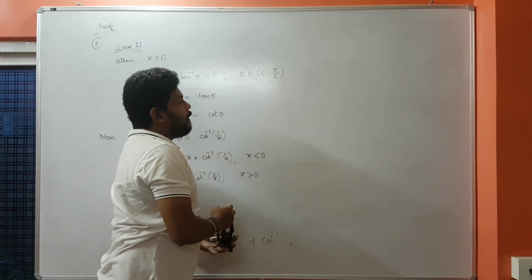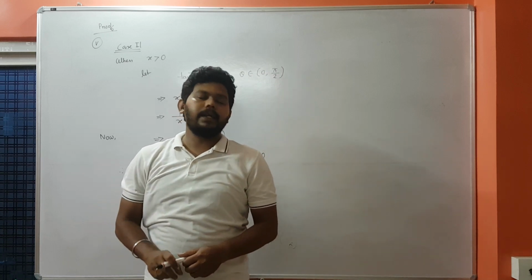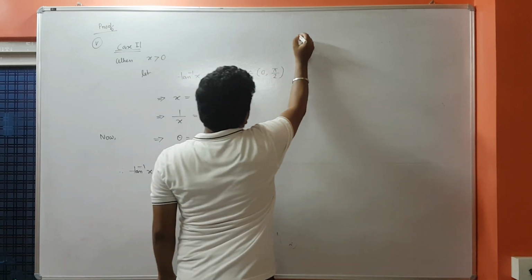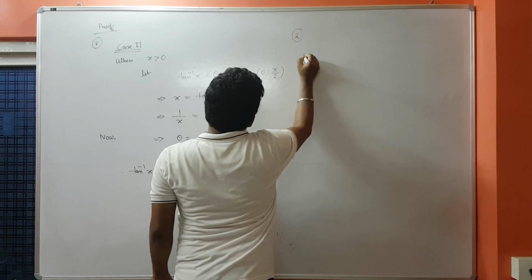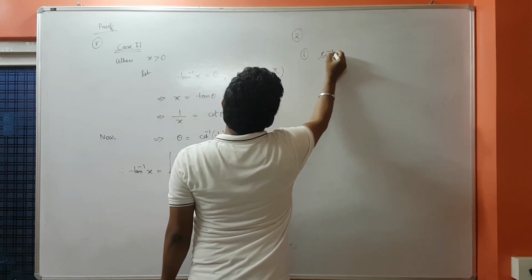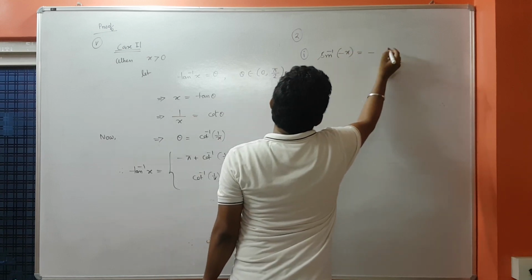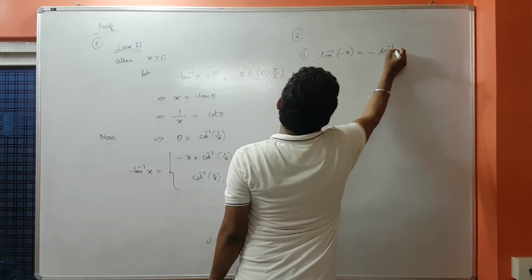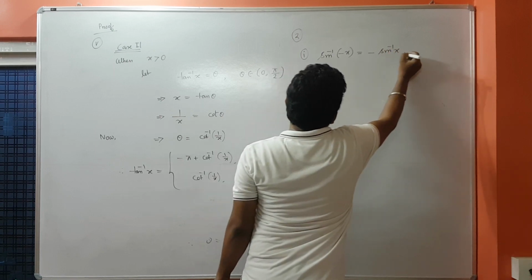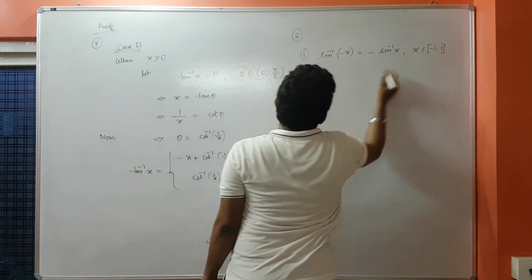This chapter is based on formulae only, but you have to understand the basic concept behind it. Number 1, sin inverse of minus x is equal to minus sin inverse of x, where x belongs to the domain of sin inverse, -1 to +1.